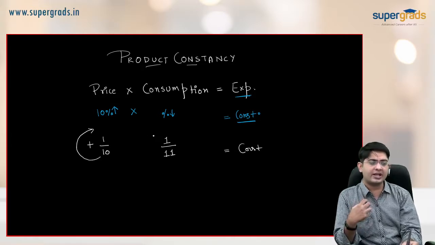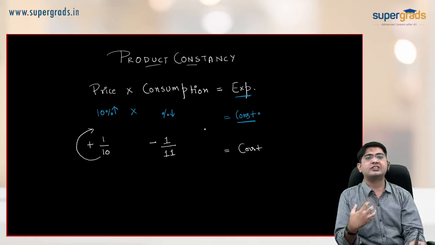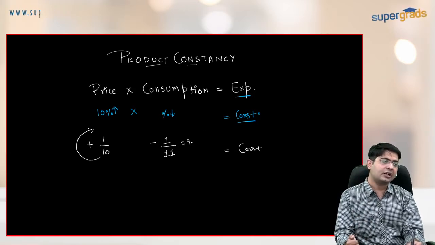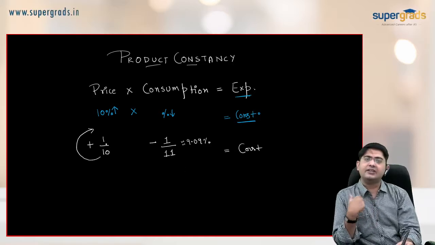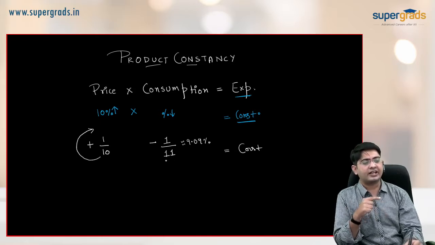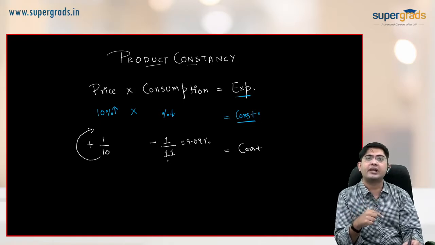So consumption will be reduced by 1 by 11, which is 9.09%. If price increases by 10% and I have to keep the expenditure constant, consumption reduces by 1 by 11.